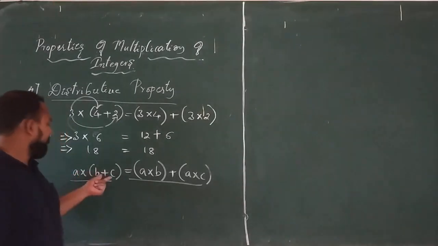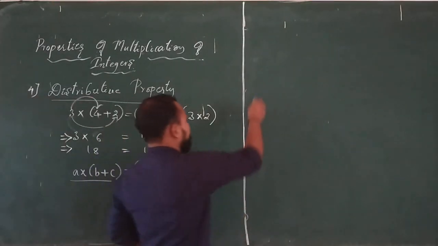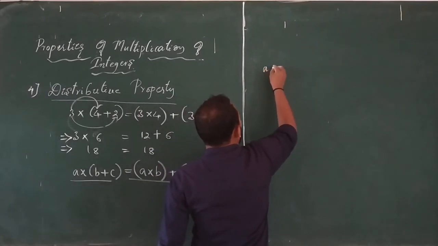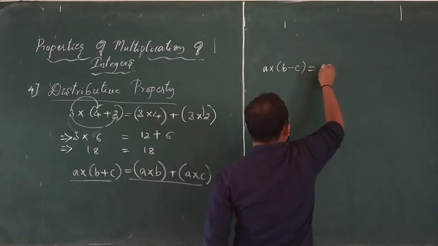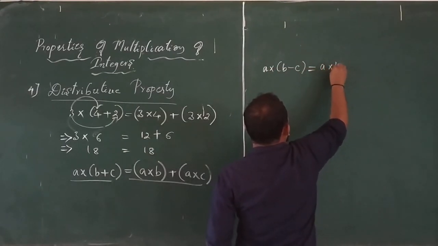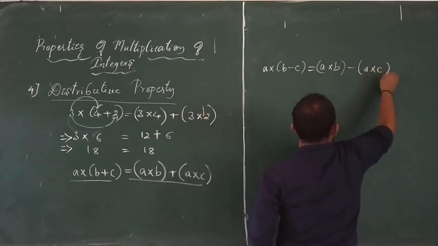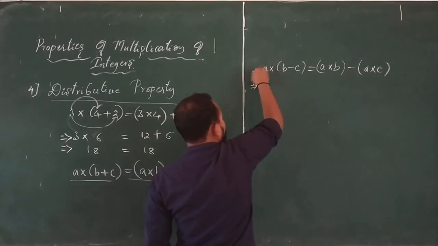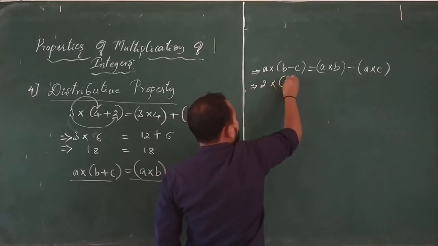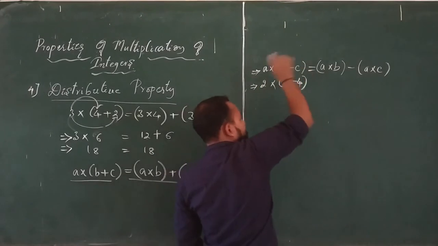Next, the distributive property of multiplication over subtraction. Take a into b minus c equals a into b minus a into c. Take the values a is 2, b is 3 and c is 4.